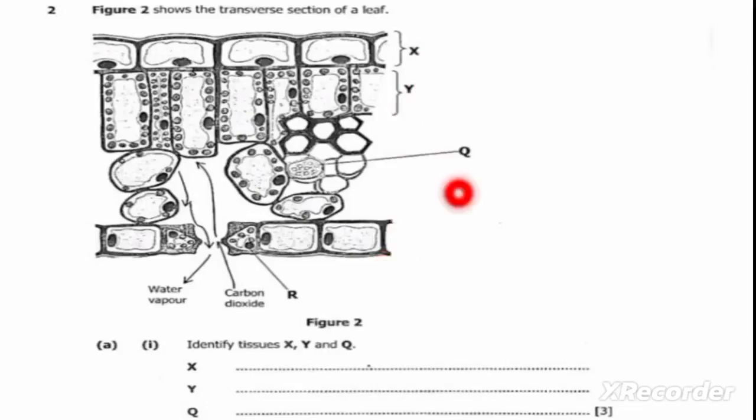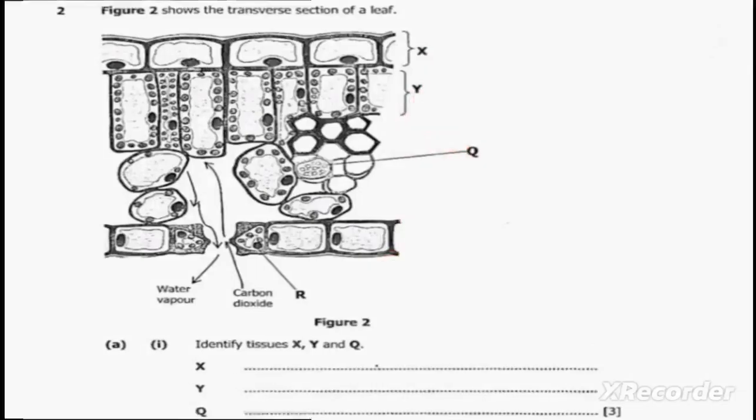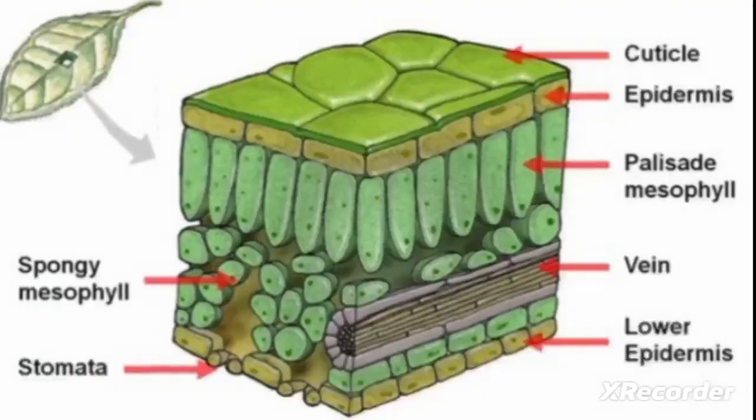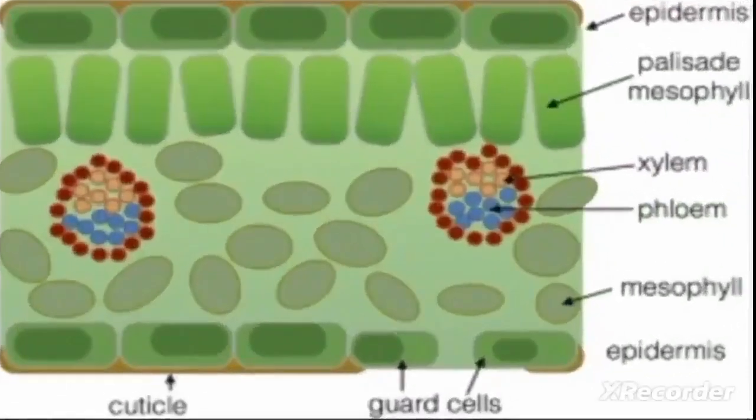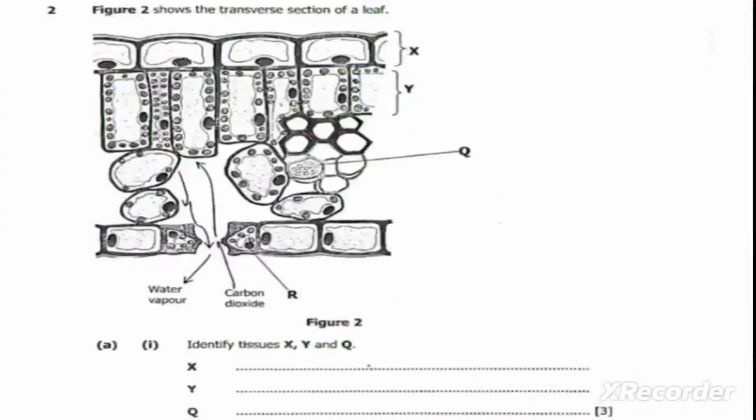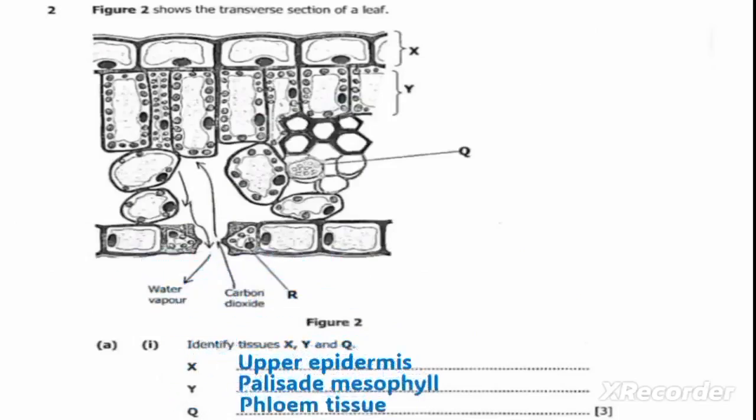Then this one is showing palisade mesophyll. So therefore, X is representing upper epidermis. Y is representing palisade mesophyll.